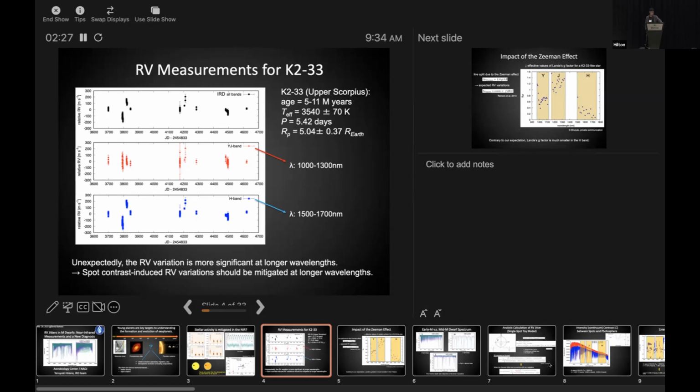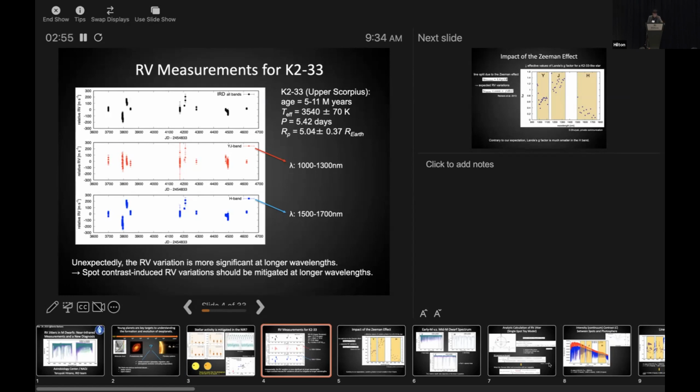So we observed some very young M dwarfs to discuss the stellar activity for young M dwarfs. This is the result of RV measurement by IRD, the Infrared Doppler instrument, which was introduced on Monday by Kotani-san. This is the RV measurement for K2-33, one of the youngest M dwarfs known to hold transiting exoplanets.